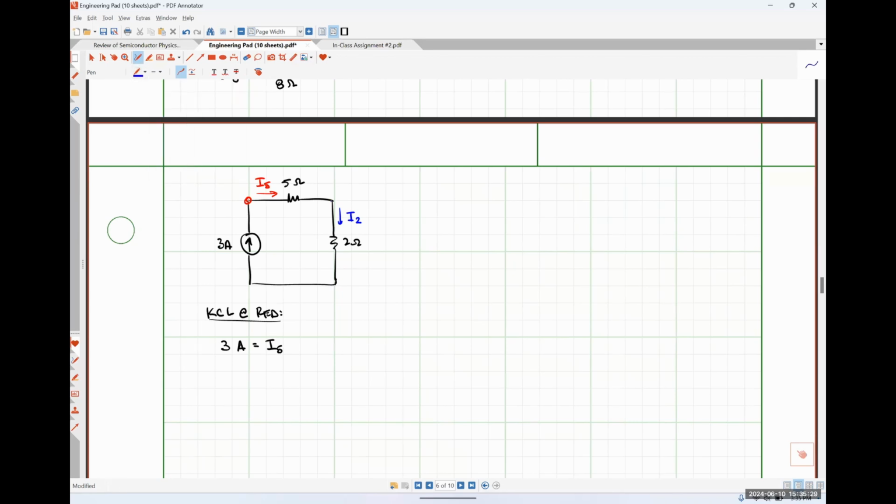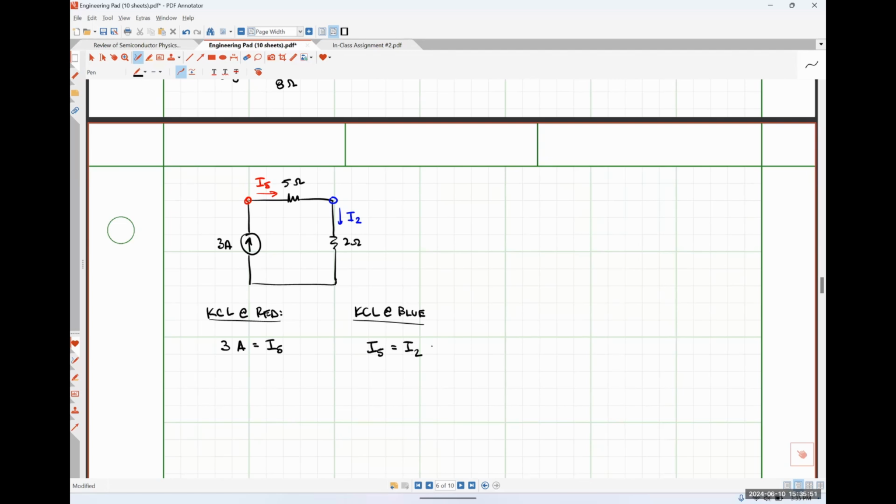Now, if I apply KCL at this blue node, I can see that I have I5 flowing in and I2 flowing out.